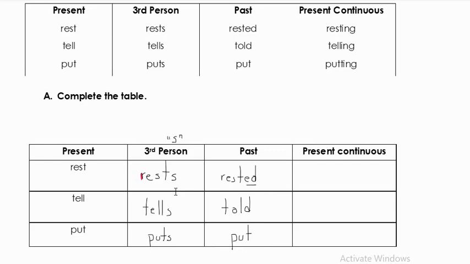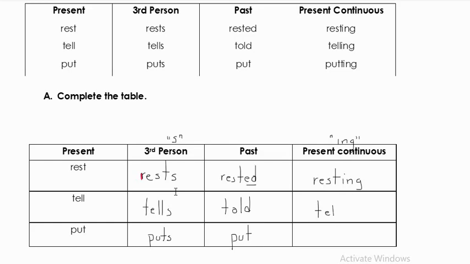And finally, let's write the present continuous tense. You note that in this case, we only need to add the letters ing at the end, and it is something that is happening just right now. Okay, if we have our verb rest, we only add ing, resting.